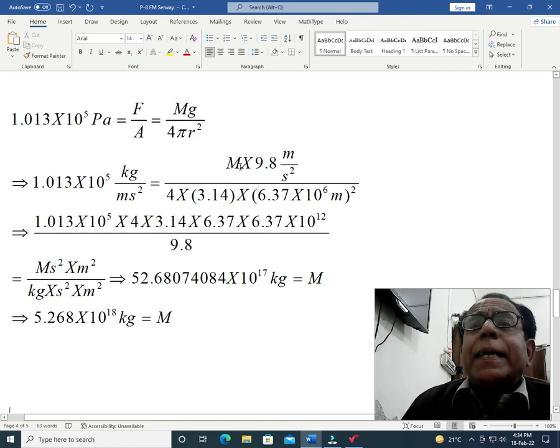And here small m does not appear. It is capital M. It is mass. Okay. However, this is meter because radius is in meter square.